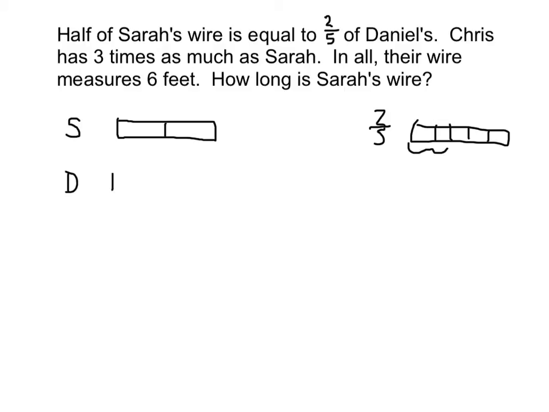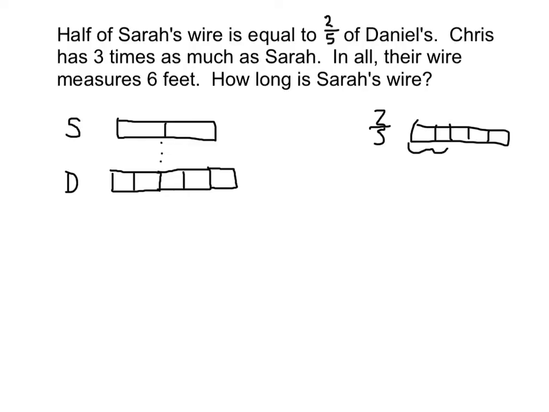So if I were to do that, 2, another 2, and another, this would indeed show me half of Sarah being equal to 2/5 of Daniel's wire. So that's that piece.